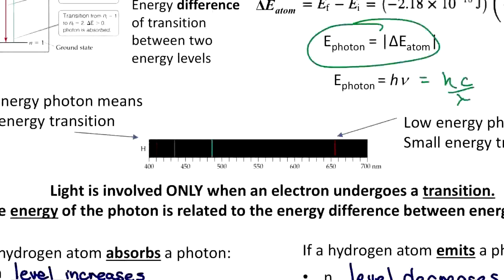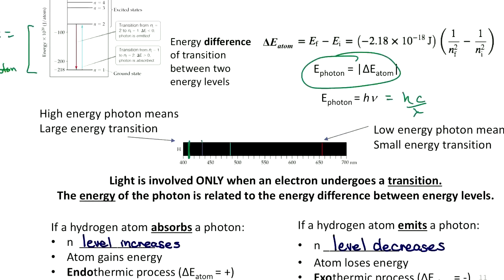What we got out were energies that related to these 4, or 5 if you have really good eyesight, visible lines with certain energies. It matched up with what the Bohr model predicted.